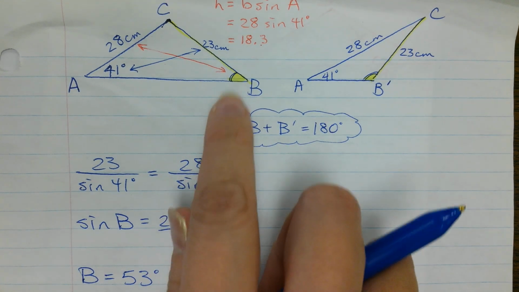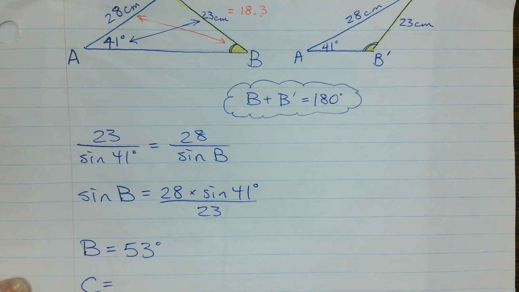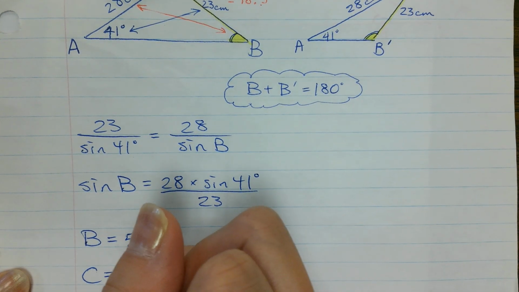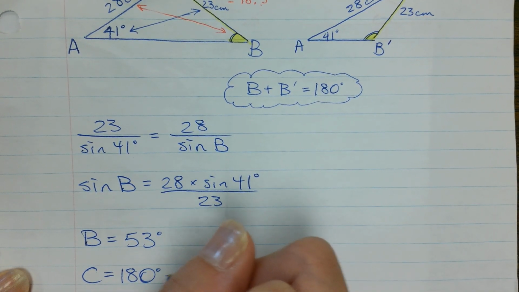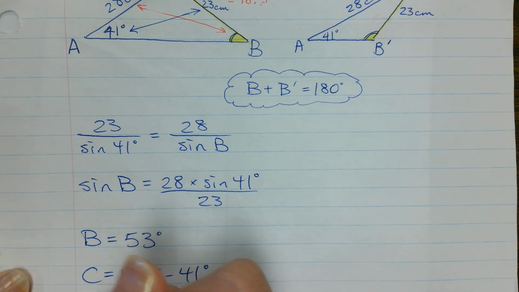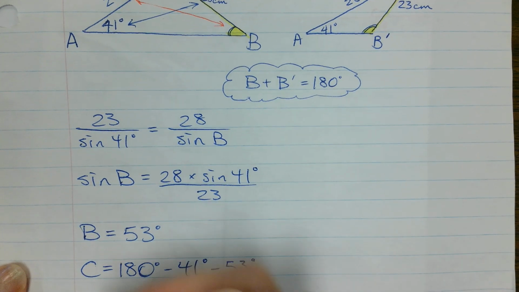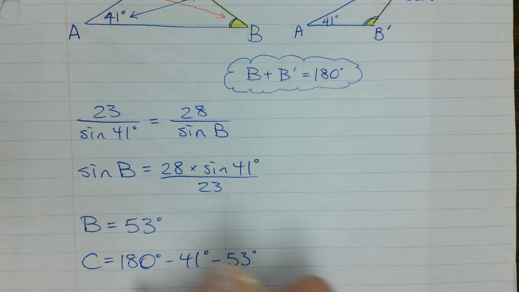So angle B is 53. That means angle C is just a simple 180 minus 41 minus 53. Oh yeah, the question only asks us to solve for B. But let's say I solve for the triangle because I want to show you guys all of it.